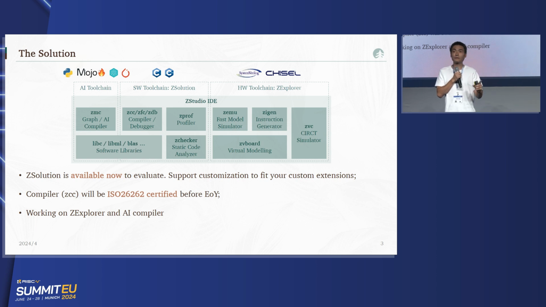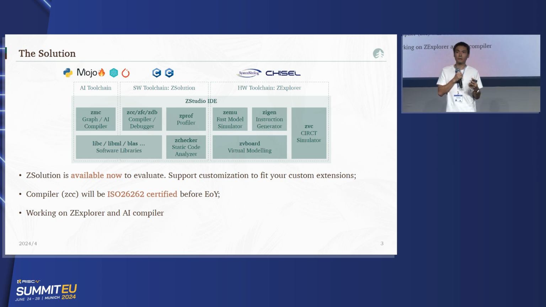From left to right, we provide three solutions. The first one is the AI tool chain. Currently, we are developing a dataflow AI tool chain for all RISC-V-based AI processors, which is under development. The middle one is a complete RISC-V IDE with high performance compilers.